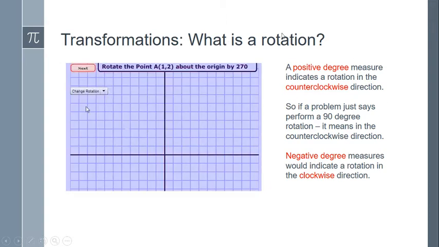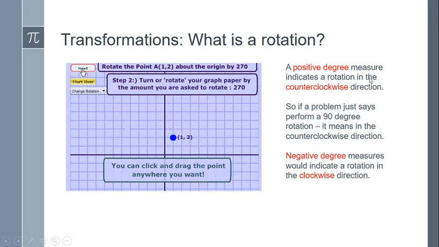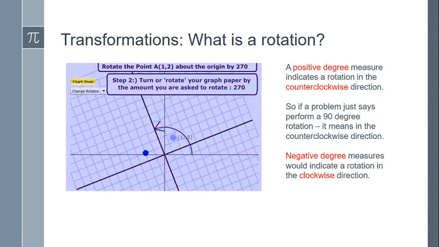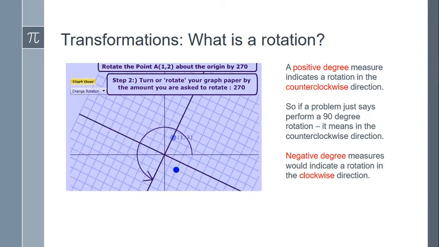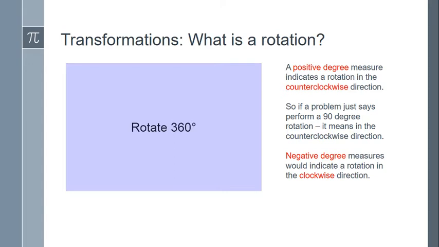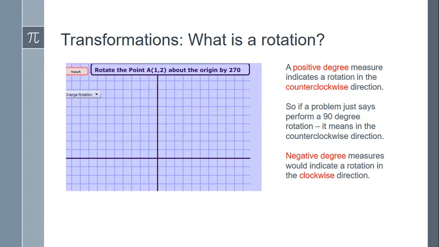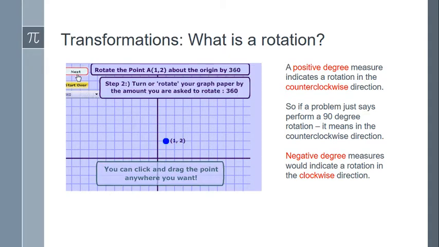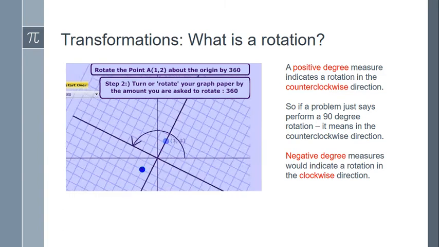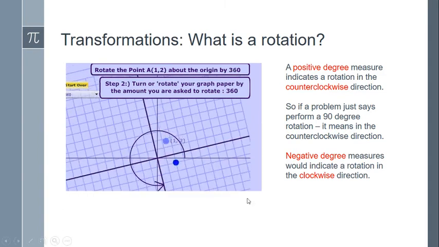Now, when we're talking about rotations, a positive degree measure indicates a rotation in the counterclockwise direction. So if a problem just says perform a 90-degree rotation, it means do it in the counterclockwise direction. Negative degree measures would indicate a rotation in the clockwise direction. Otherwise, they'll just state rotate it counterclockwise or rotate it clockwise.